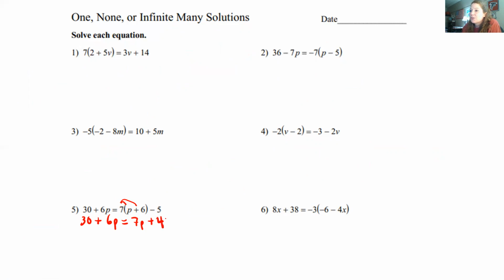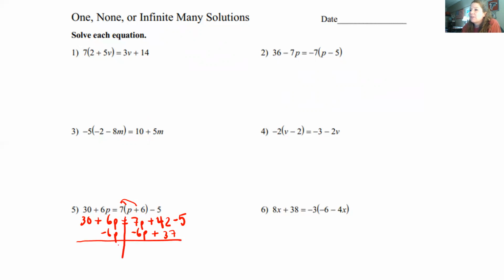It's 42 minus 5. Okay, so what do I have? I have p's on both sides of the equal sign. I'm going to get rid of the 6p. Oh, and I could add this too. So let's go ahead and add this. This is plus 37, right? 42 minus 5.